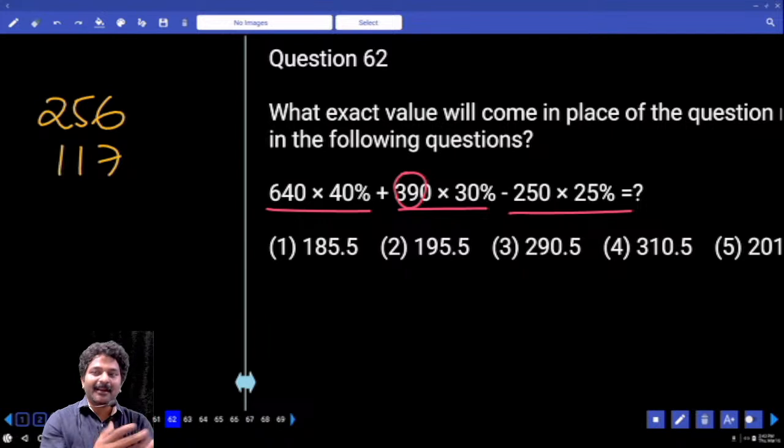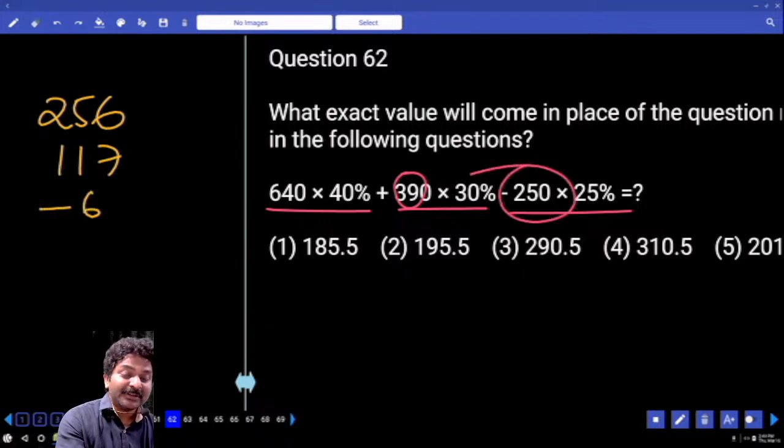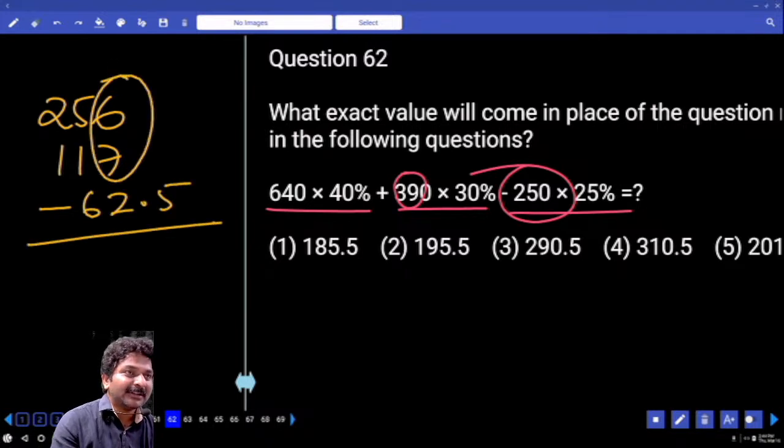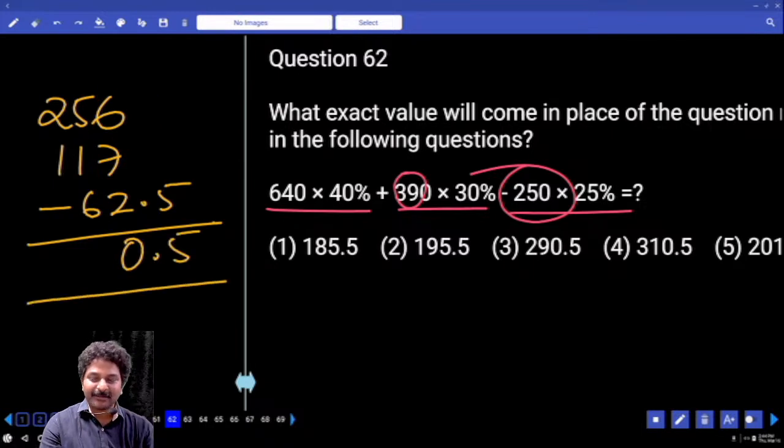Half, again half. What is half of this number? Again half. 62.5. Positive number. 13 minus 2.5. 0.5. How many options are there?